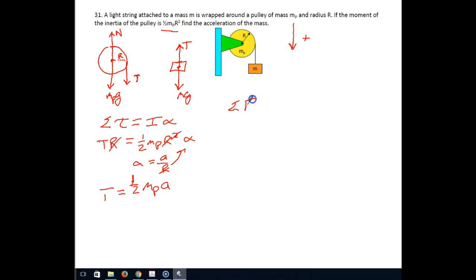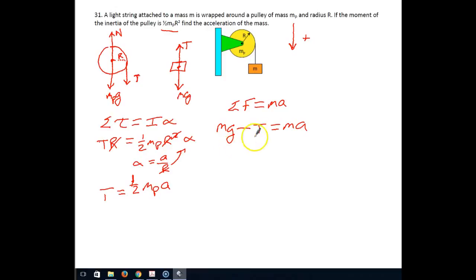So the box has the sum of the forces on it, and it will accelerate ma. So here the pulley accelerates with I alpha, and the box accelerates with ma. We know that going down is positive, so mg is going in the down direction, minus T, which is going up, and that's equal to ma.